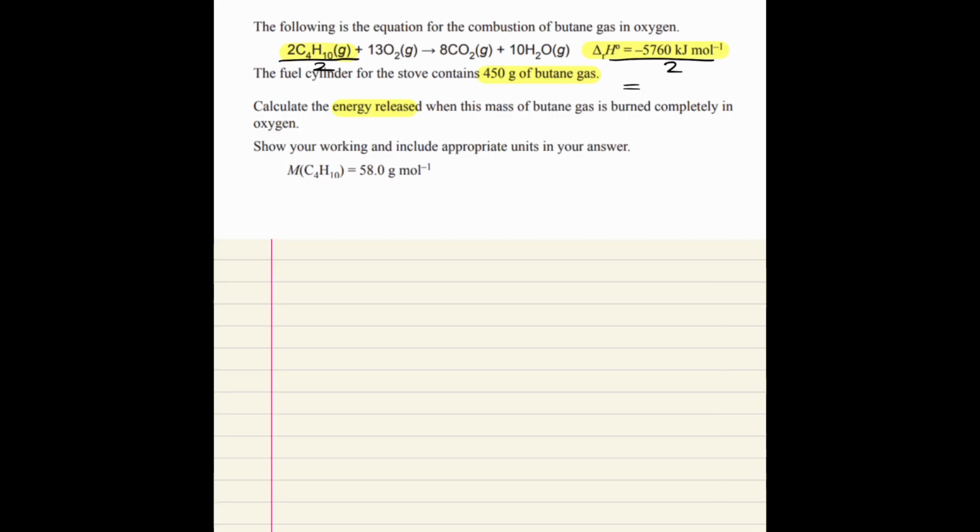So if you do that straight away, it means that you will not forget to divide it. Now, some people prefer to kind of divide or sort out the moles later on. The problem is, depending on the direction you're going, whether you're calculating energy or whether you're calculating mass, you'd either have to times or divide. So this is the most straightforward way, most foolproof way, I should say, to get this correct.